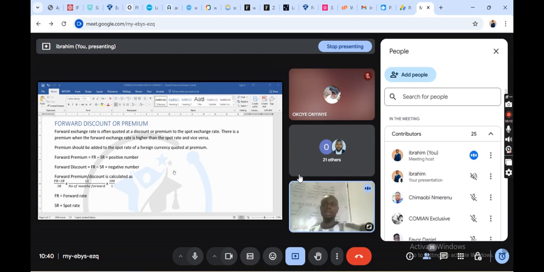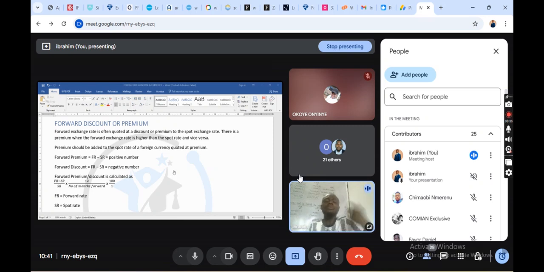The forward exchange rate is a premium where the spot rate as of today is 1,400, then the forward, the future rate, is now 1,650. So the forward exchange rate is at a premium.